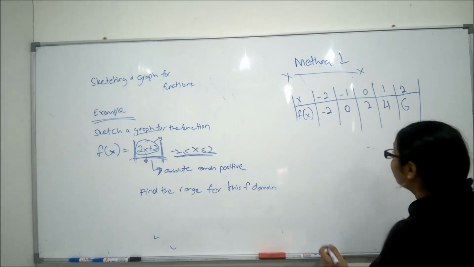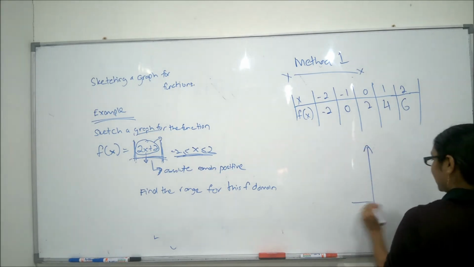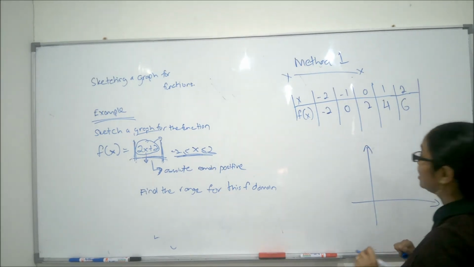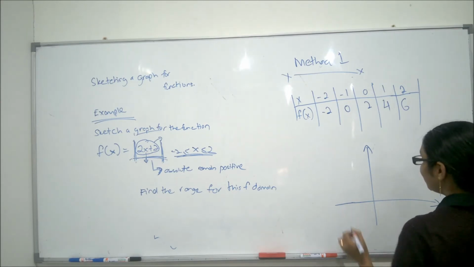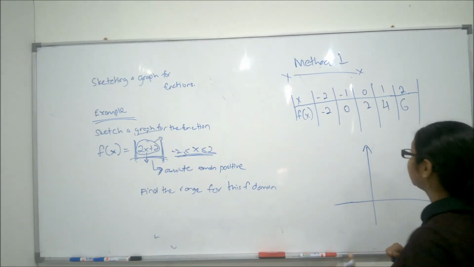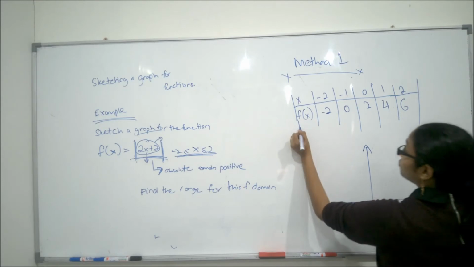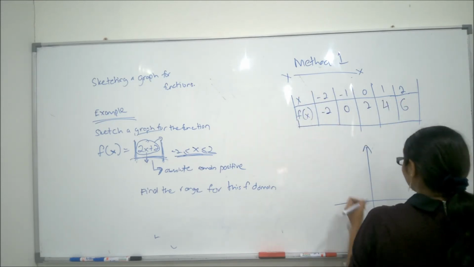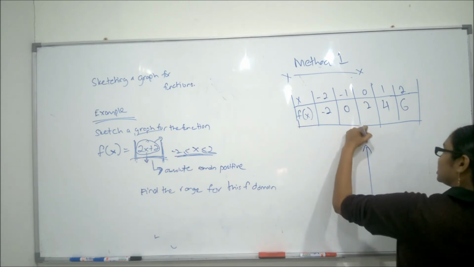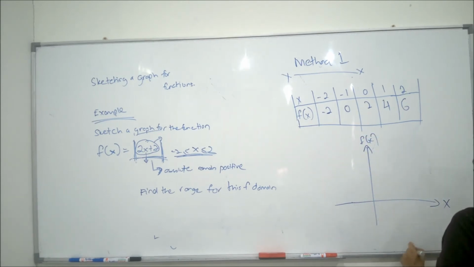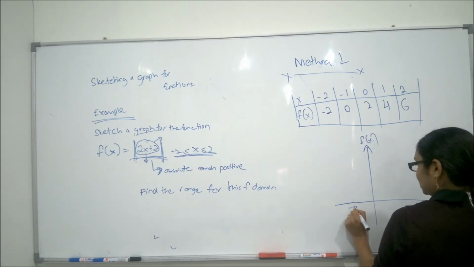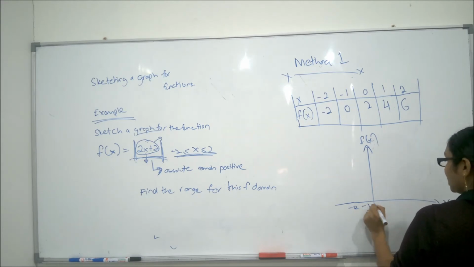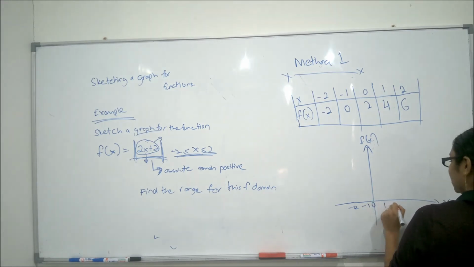Shall we sketch the graph? Okay. Again, sketching is all about estimating your coordinate plot, but make sure your estimate is logical. Hopefully, you have to make sure that your graph doesn't look funny. So this is fx and this is x. X: -2, -1, 0, 1, 2.